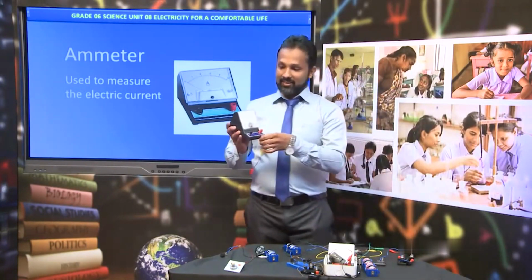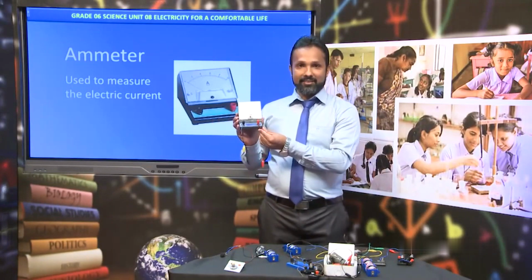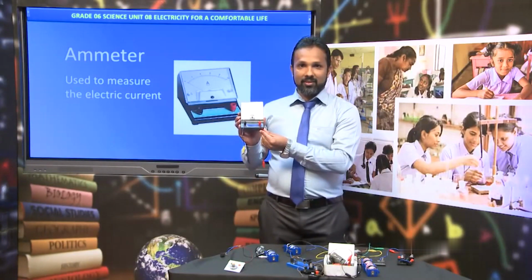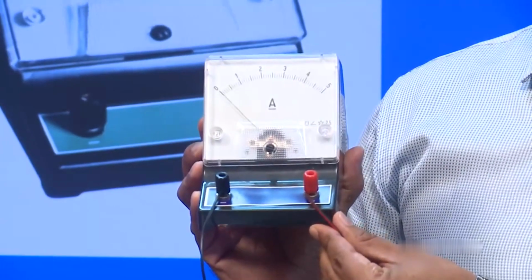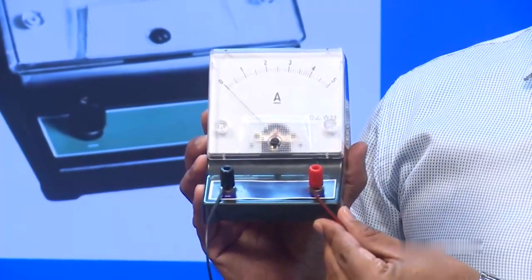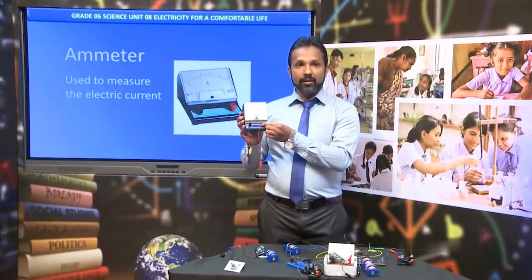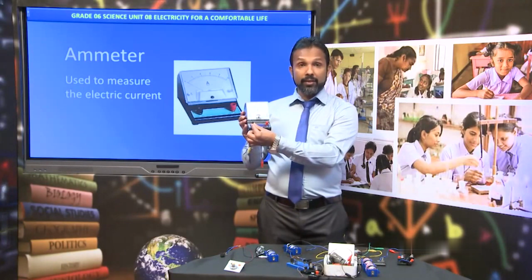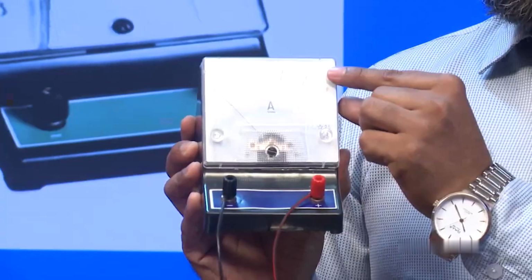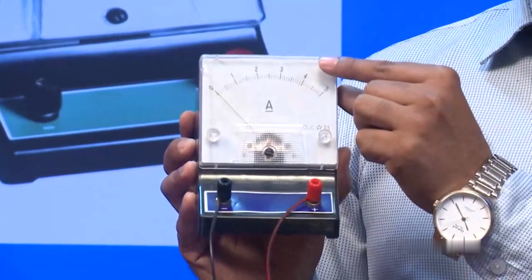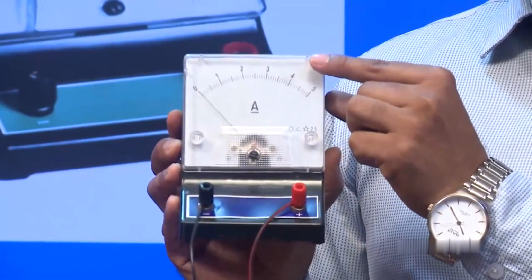This is the ammeter. You can watch. The ammeter consists of a positive terminal, a negative terminal, a scale, and also an indicator.